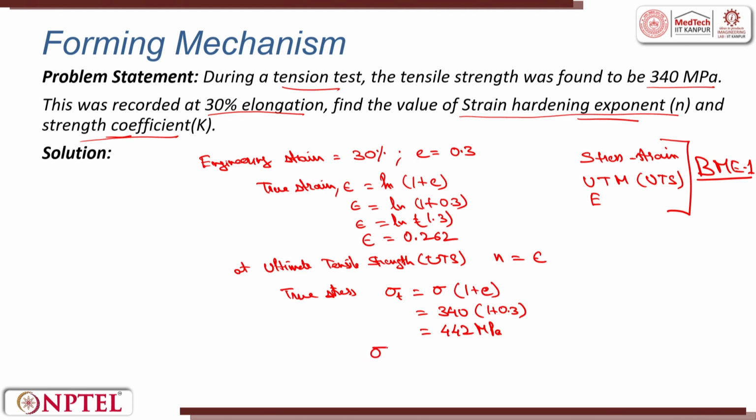Now this stress is equal to K times epsilon power n, which means 442 is equal to K times epsilon, which is 0.262 taken from here, to the power n, because n is equal to epsilon, this power 0.262, which gives me the value of K as 627.8 megapascal.